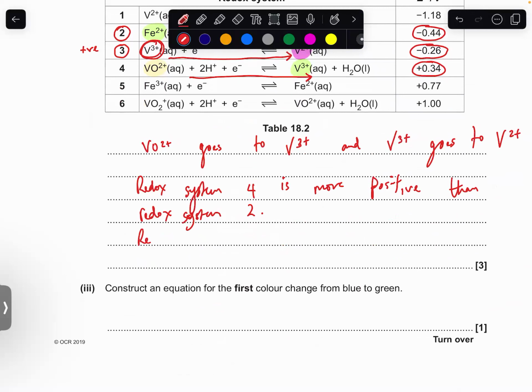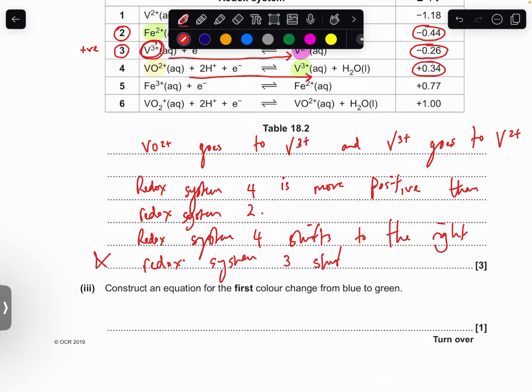So redox system 4 shifts to the right, and redox system 3 also shifts to the right.